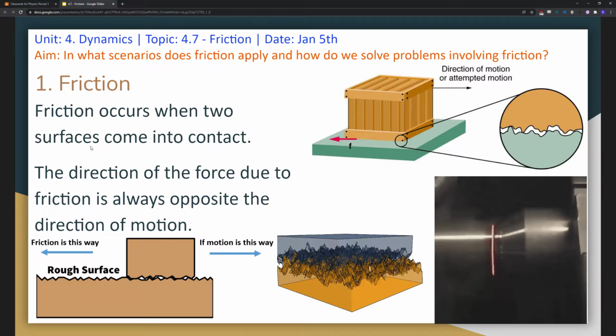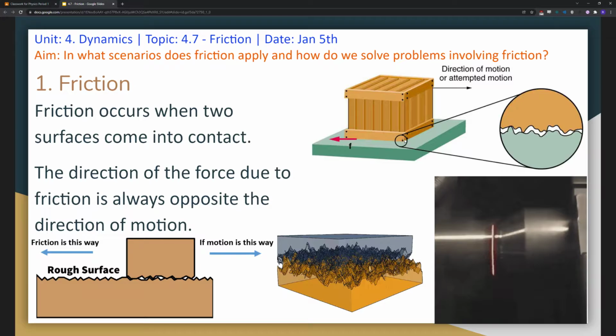So this is friction. Friction occurs when two surfaces come into contact with one another, and this is only when they come into contact. If you go to the microscopic level of two surfaces, you'll see that they're not entirely flat, as you can see on the right hand side here.